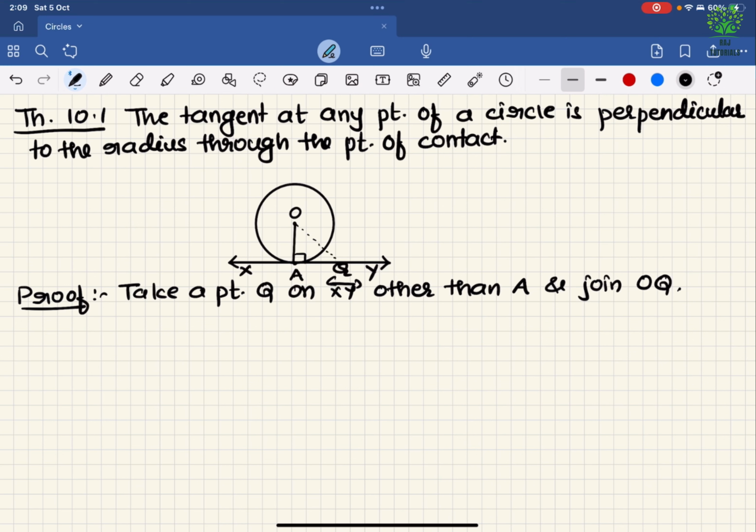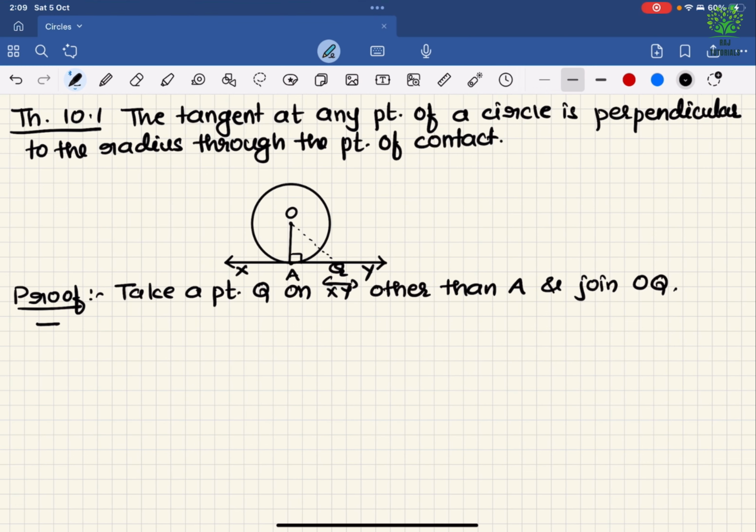Let me say this is my point Q, and I have joined it with a dotted line. The point Q must be outside the circle.